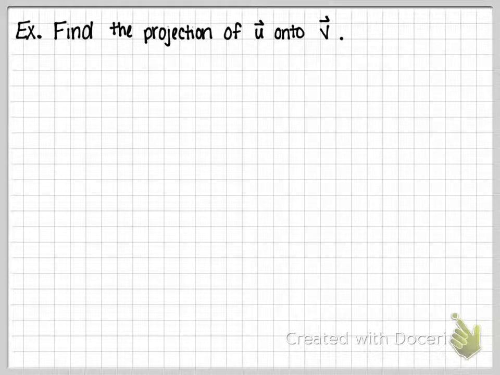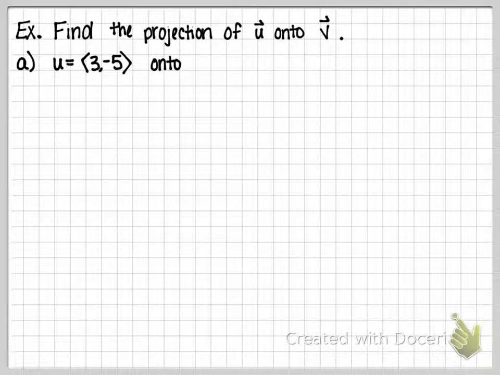I just want you to get used to seeing them in different ways so that way you're not afraid when you see something a little bit different. So our first example, I'm going to project u, which is <3, -5>, onto vector v, which is <6, 2>.